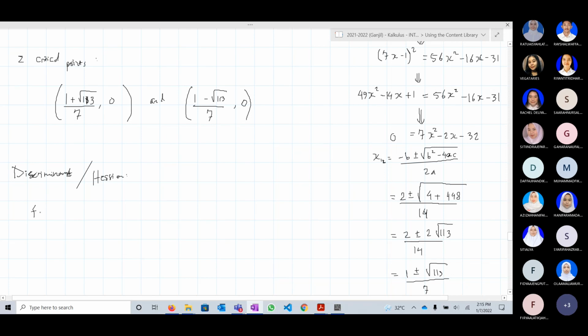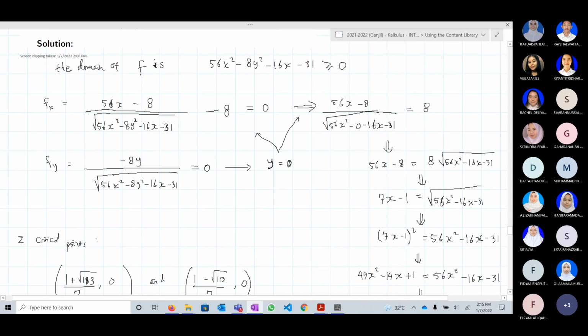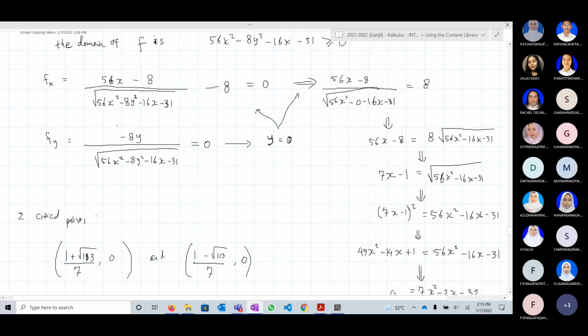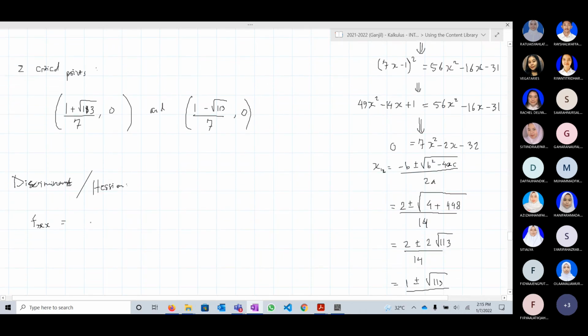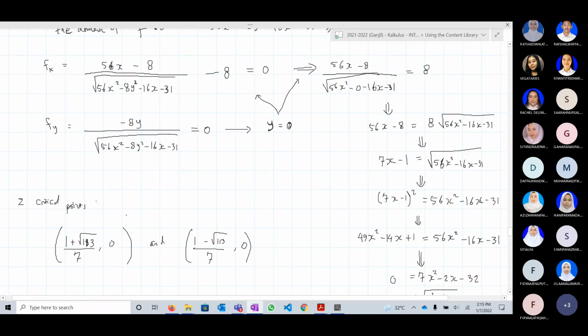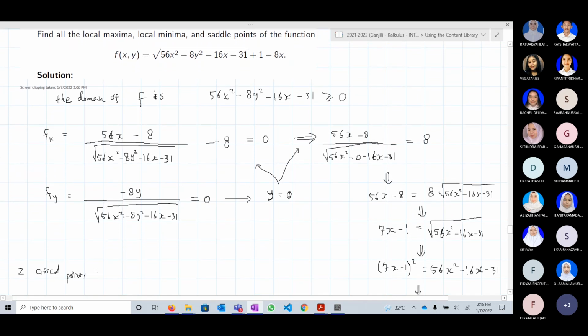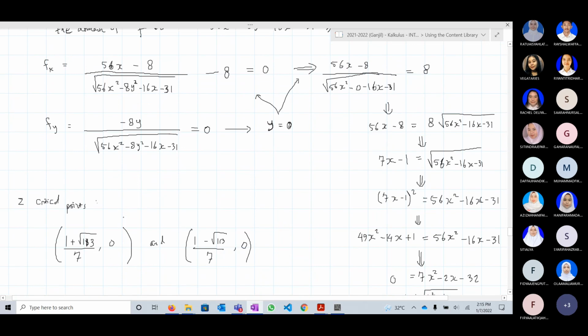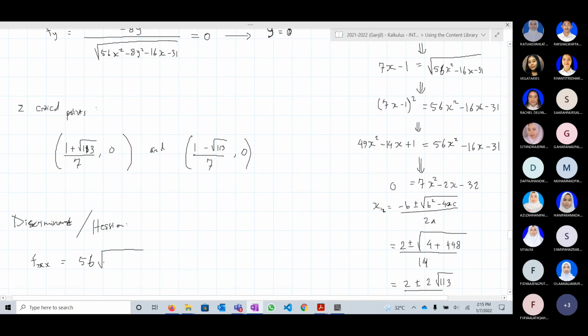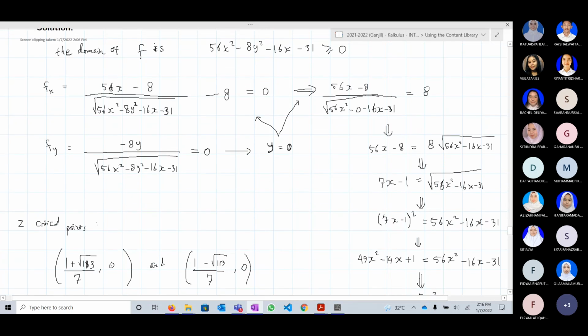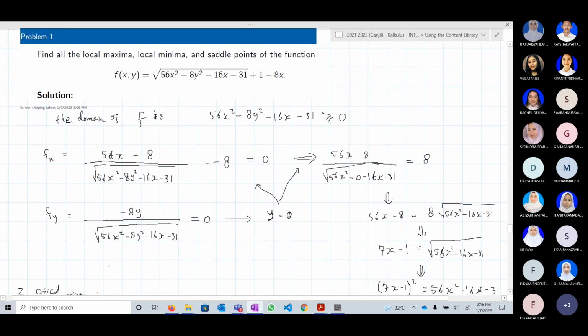by first finding fxx, which is, okay. This is a little bit hard. 56 times square root of... okay.